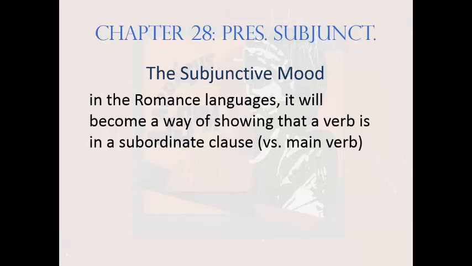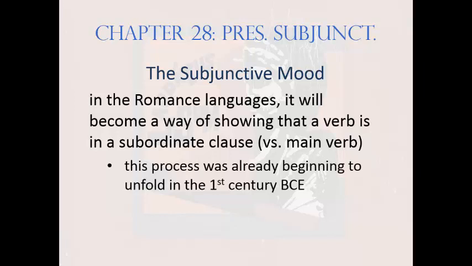While indicating subordination was not the original purpose of the subjunctive, it couldn't have been. There wasn't a sophisticated clause system in Proto-Indo-European. Already by pre-classical Latin, the subjunctive was beginning to take on that role, to show that the verb was not the main verb, but governed some clause or other.